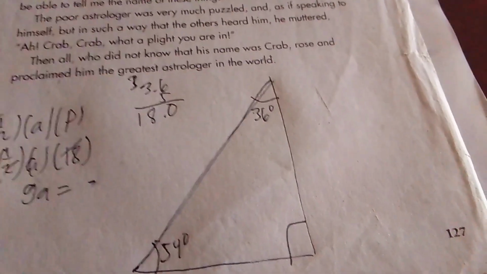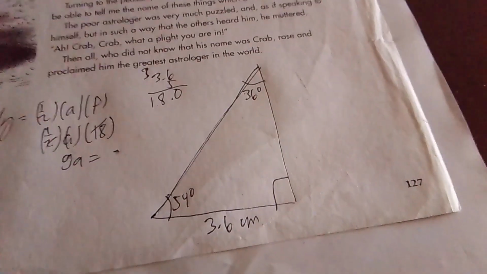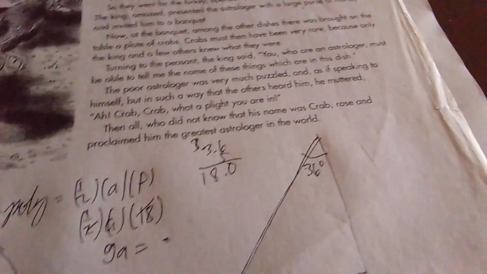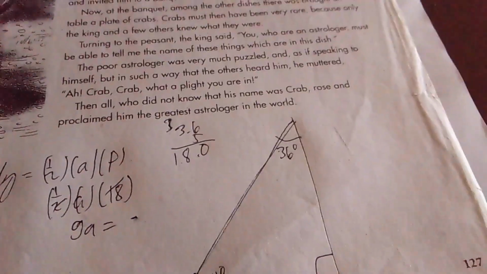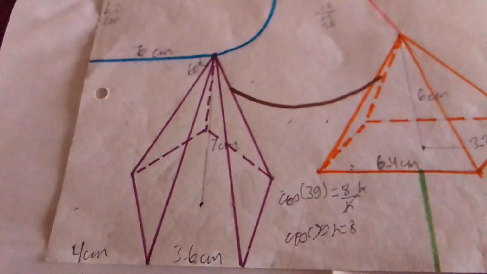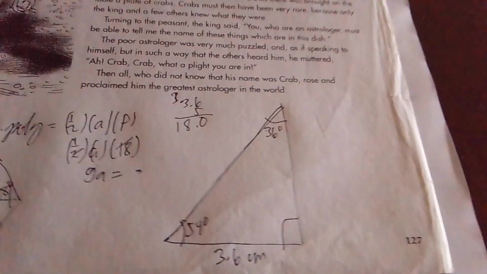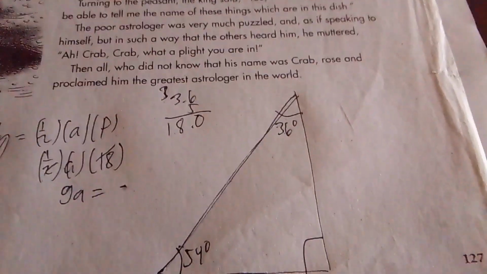That's why it's 36. And then the base is 3.6 cm. And we need to get the apothem. What is the apothem? The apothem is from the center to any side of the polygon, not the vertex. So how do we get the apothem?